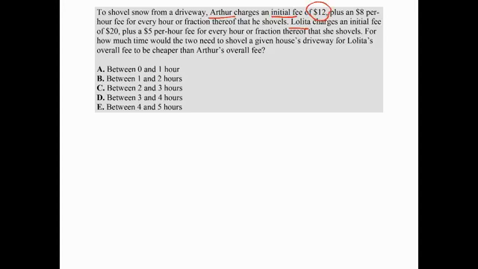So if I were to write an equation for Arthur's company, let's say Arthur's amount is going to include an initial fee. Now, if you remember from the generic linear equation mx plus b, we said that the m is known as slope, but in the real world, we want to think of the m as the rate. We talked about the b as a y-intercept, but in the real world, we want to talk about the b as the starting point or initial fee.